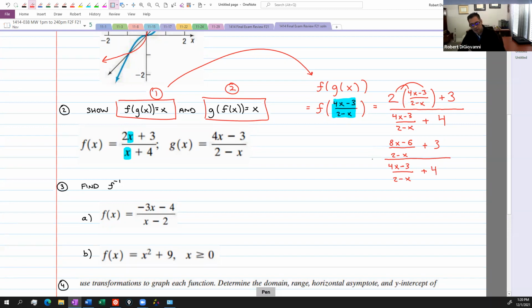The way that I suggest you do this is to take your top and bottom and multiply by the denominator 2 minus x, and distribute it through. So you're going to distribute it here, and then here and here.